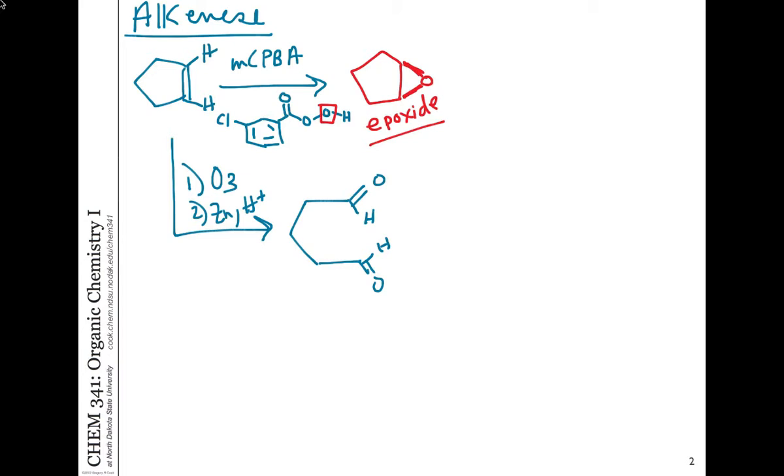Now, we talked about alkynes in chapter 9, the reaction with ozone. Let me just take an example. If I take something like this, 1, 2, 3, 4, 5, 2-pentyne, and I carry out the same sequence of reactions, that is ozone.